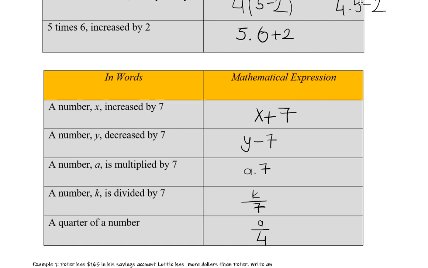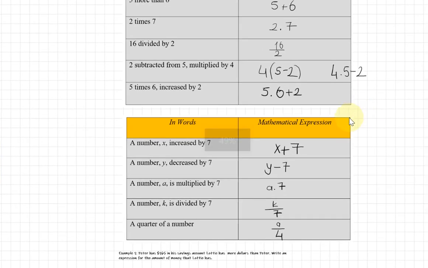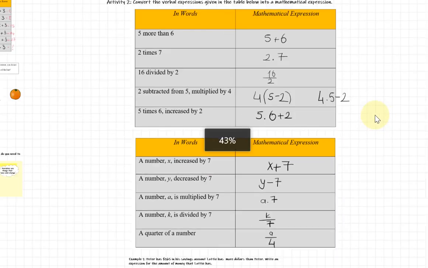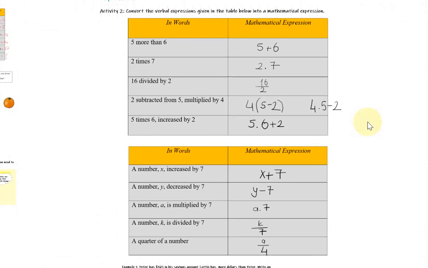Okay guys, I want to show you these two tables at the same time. Let's have a look at what is the difference between these tables. You can think a little bit. I will tell you. Mathematical expressions can be numerical or algebraic.